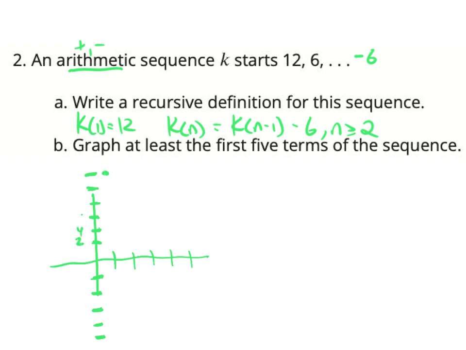So 2, 4, 6, 8, 10, 12. You should always at least mark your x-axis. So at 2, I was at 6. At 3, I'm at 0. At 4, I'm at negative 6. And at 5, I'm at negative 12. And another straight line.